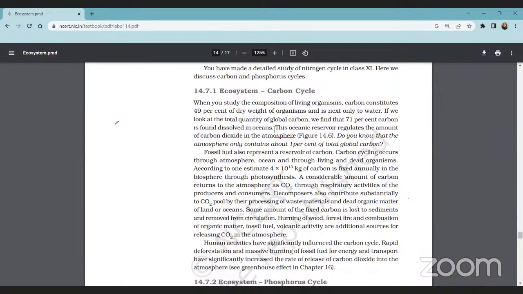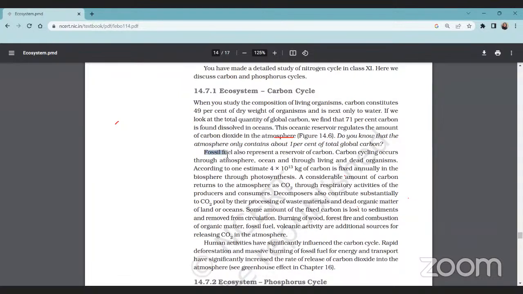Means more carbon is present in the ocean. This oceanic reservoir regulates the amount of carbon dioxide in the atmosphere, maintaining the amount of carbon dioxide in the atmosphere.